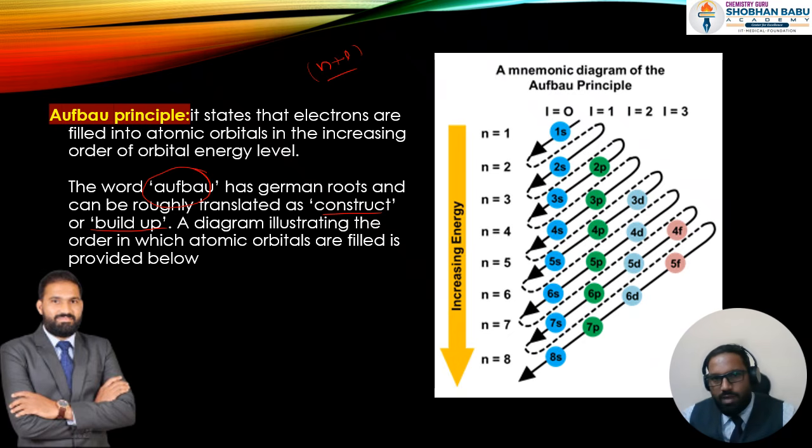First we fill 1s, then 2s, then 2p, 3s, 3p, 4s, 3d, 4p, and so on till the 8s orbitals. This is also one of the most important points: what the Aufbau principle is.